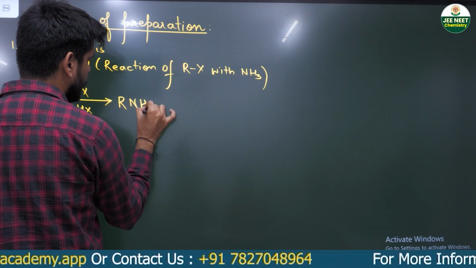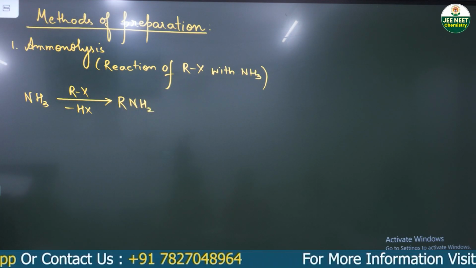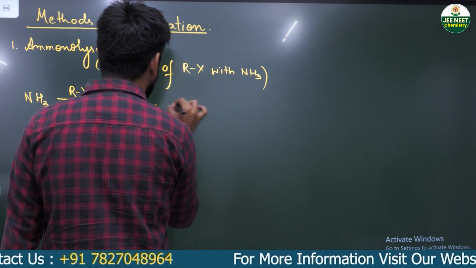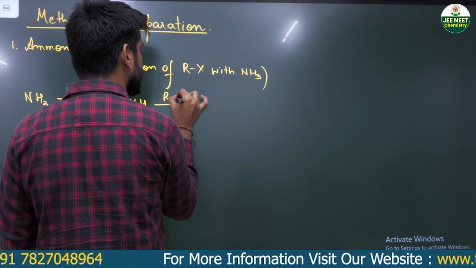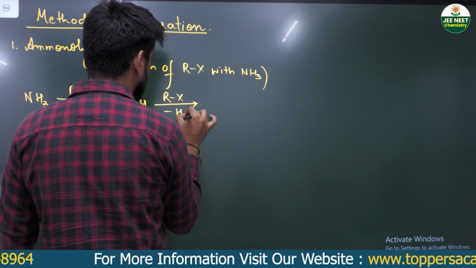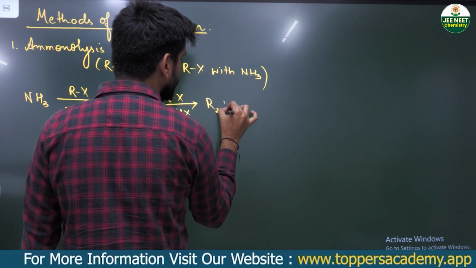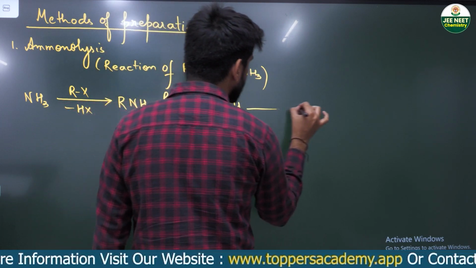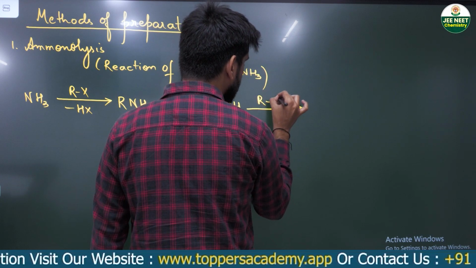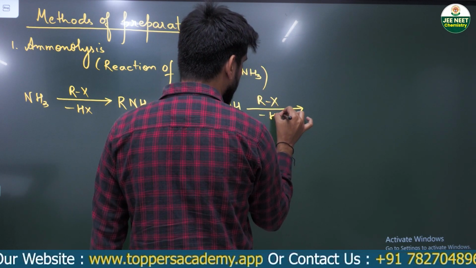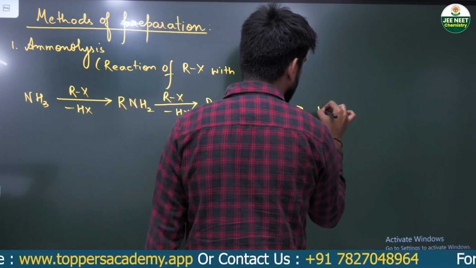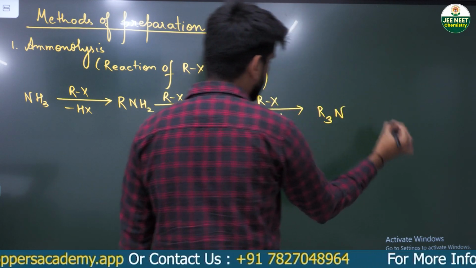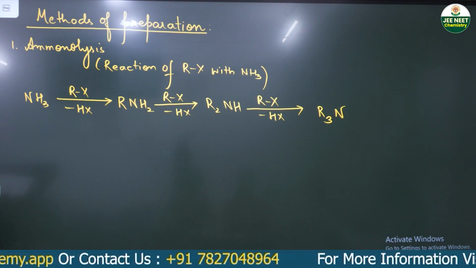RNH2. Then suppose I have RX in excess, then we will have R2NH. And since I have RX in excess, till the time I have these hydrogens, I will get the amines.